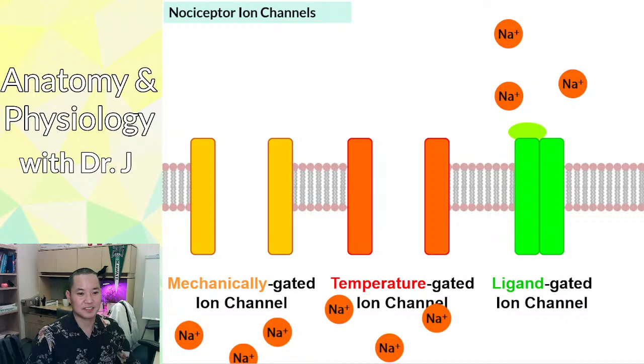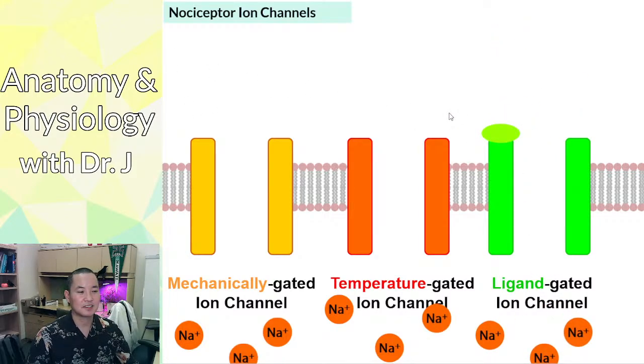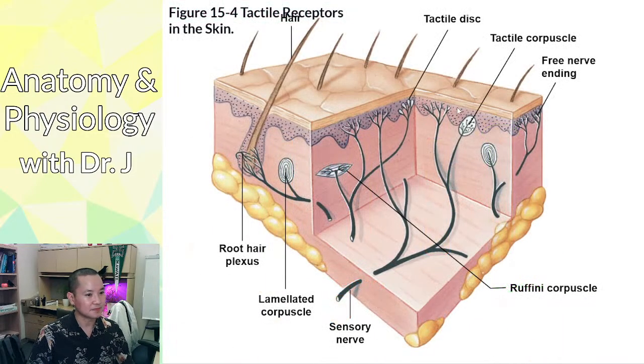So you can cause pain through different ways: extreme temperatures, extreme mechanical stress, or chemical exposure. So there's no one singular nociceptor ion channel. It's just showing you that there are different ways of triggering these sensory neurons, by having different types of proteins that detect specific changes and stimuli in your environment.